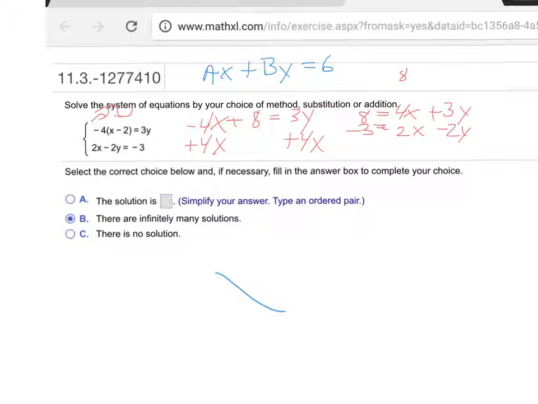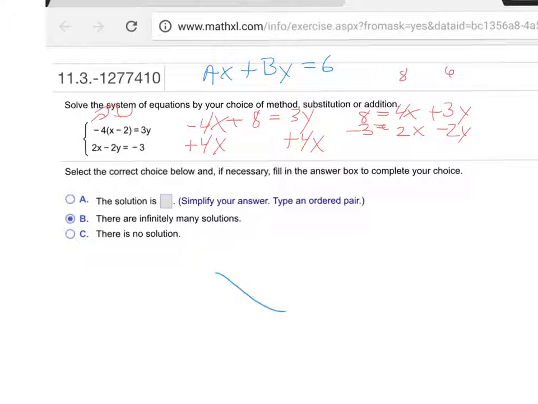Or, kind of the analogy as a common denominator, between 2 and 3 would be 6, and I already have opposite signs there. So I'm going to eliminate the y's, which means I want both those coefficients to be 6's. The only reason I chose that is because they already have opposite signs.